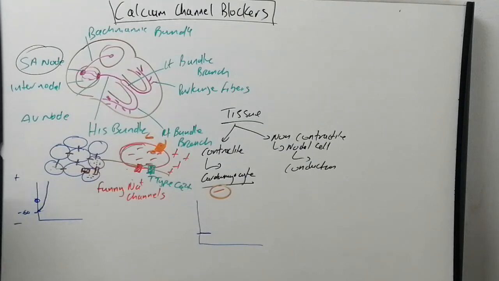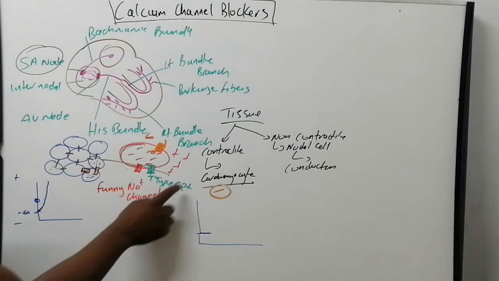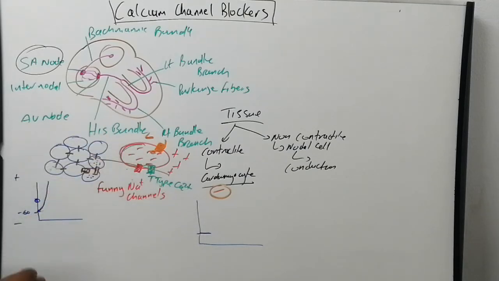Right now your nodal cell, be it an AV node or an SA node, has depolarized because it's more positive because of these three channels that allow cations to come in.